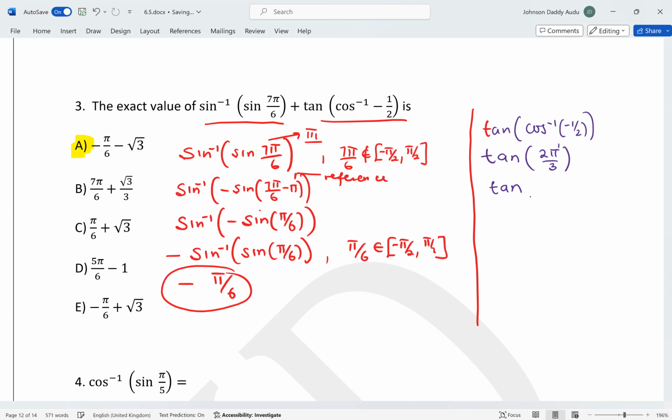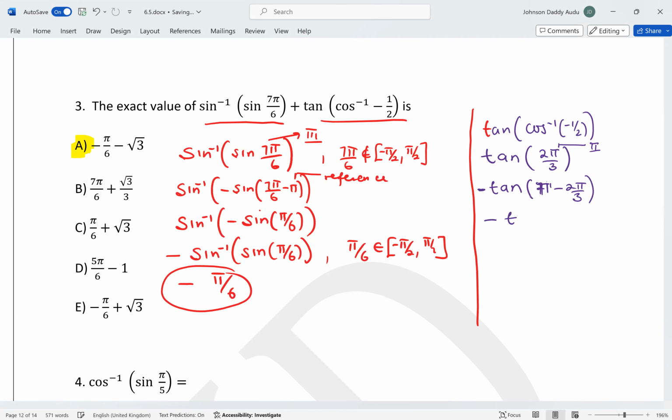This is in the second quadrant, so this is minus tan of what? Not 2 pi, but 180, which is pi minus 2 pi over 3, right?